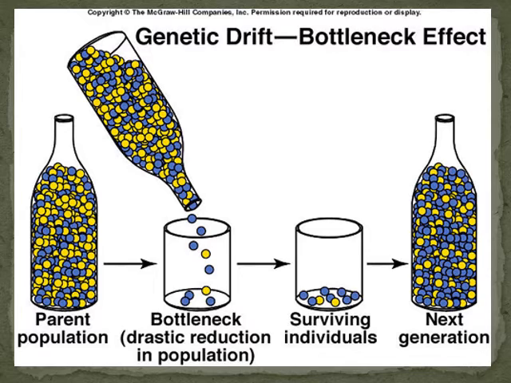And now our natural disaster occurs, which creates this bottleneck effect. And the thing about natural disasters is they don't select favorable or non-favorable characteristics. They kill and remove equally. In other words, you are lucky enough to survive that natural disaster.